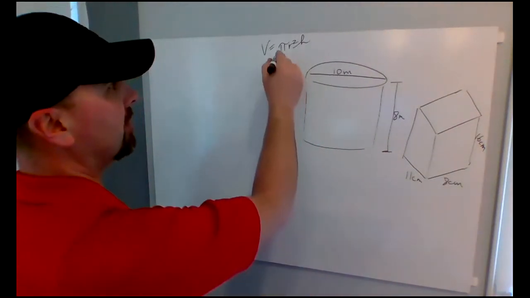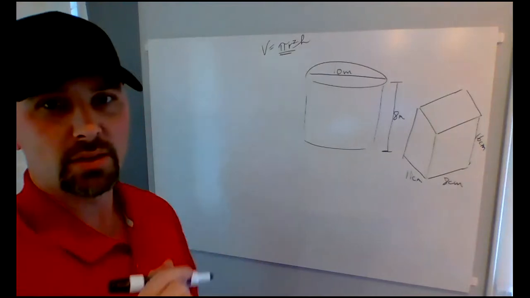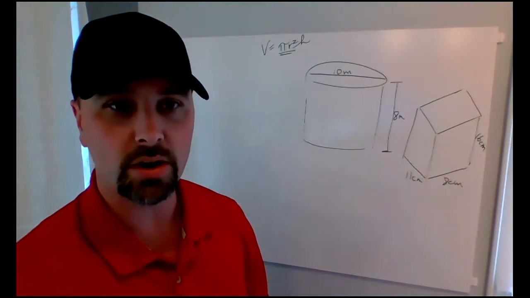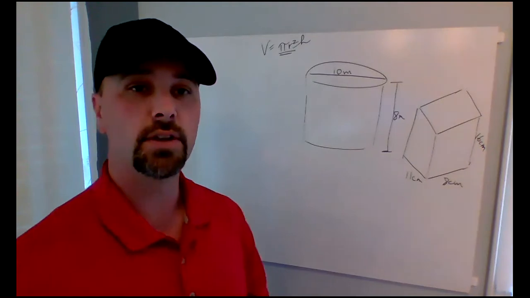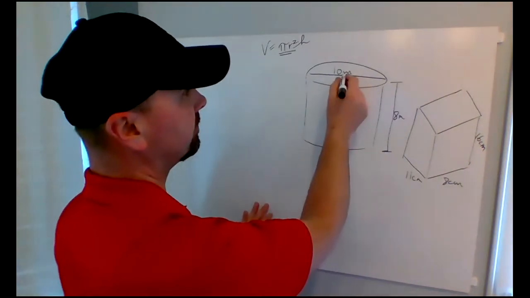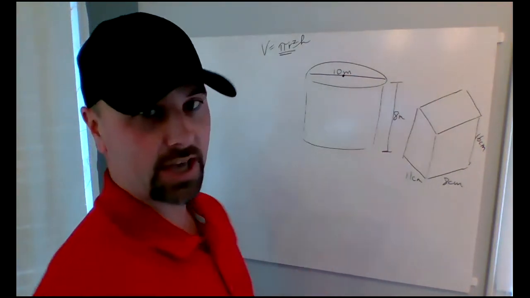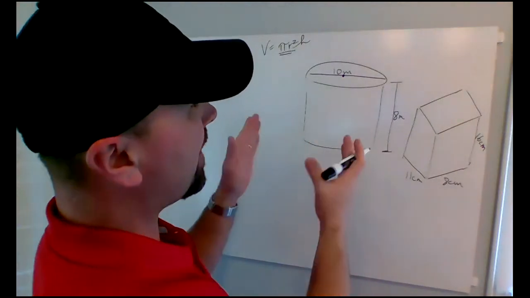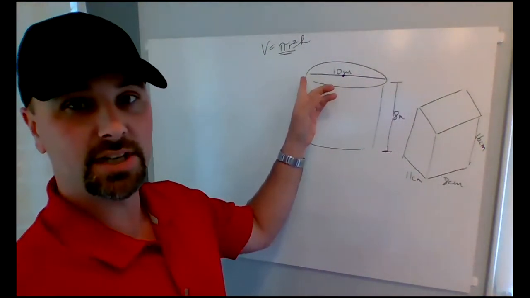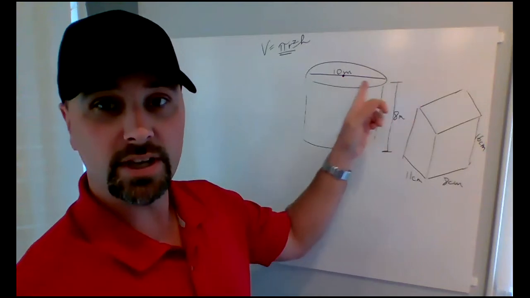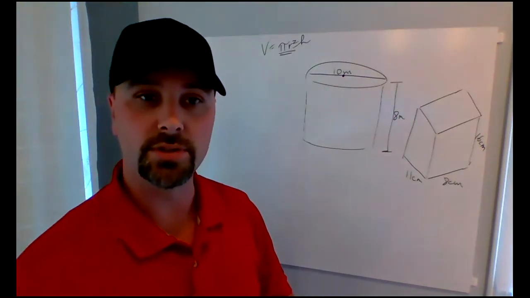So if you remember, in the formula pi r squared, r stands for radius. The radius of a circle is from the center of the circle to the edge, all right? And what you may notice in number one is that this 10 meters is drawn all the way across the circle.